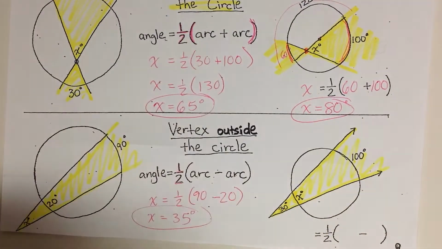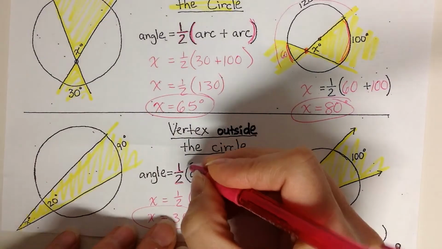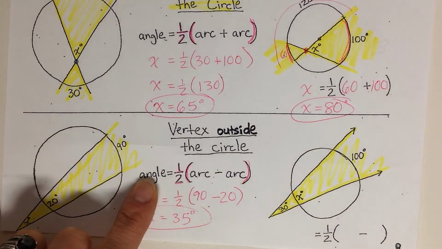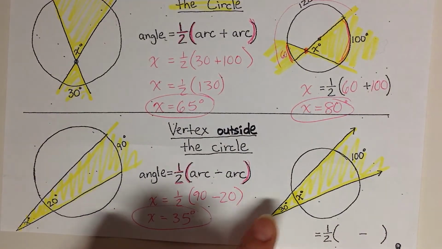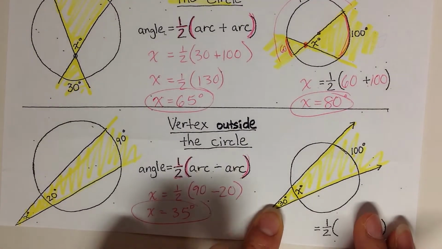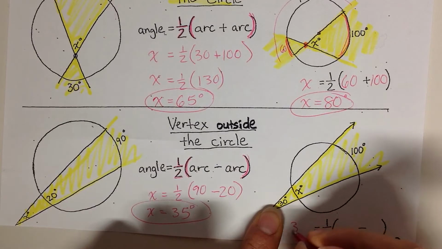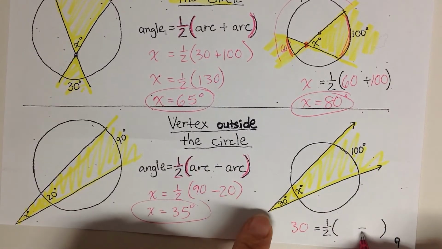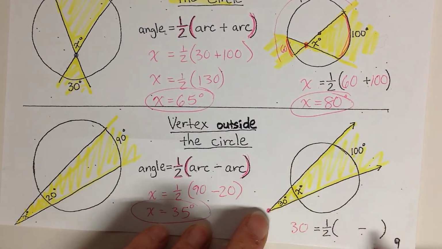So remember, in all of these formulas, the arcs are what you're plugging into the parentheses, and the angle is what you're finding. So when you have the angle, this is going to be an algebraic problem. The angle is equal to, I know I'm subtracting because I'm outside the circle. That's where the vertex is, outside.